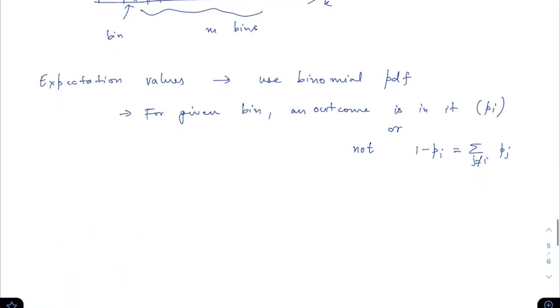So we can borrow the results from the binomial case. We know that in that case, the mean is simply given by n times the probability p, and the variance is given by n times p and 1 minus p.